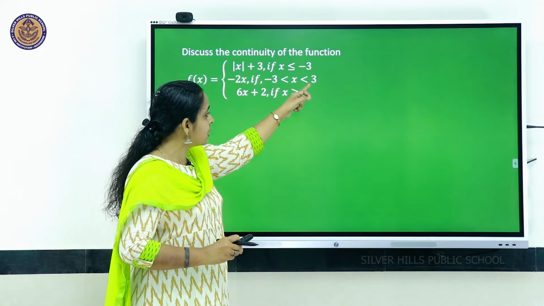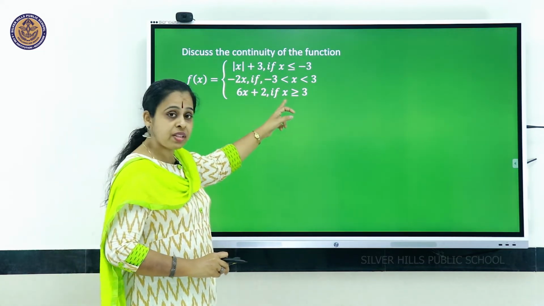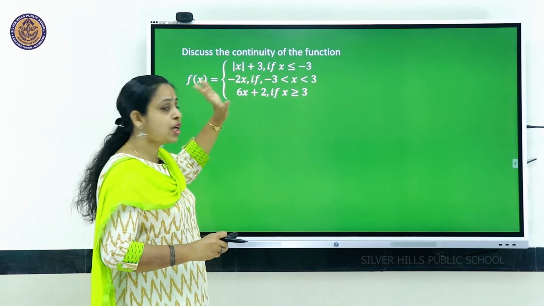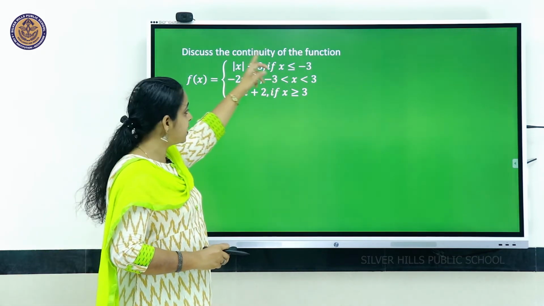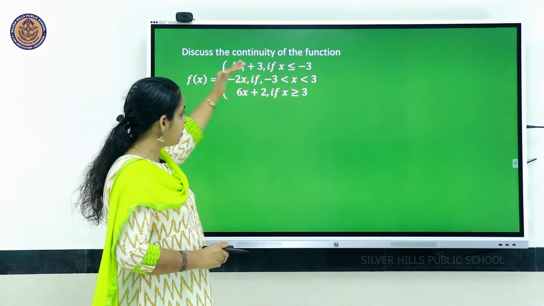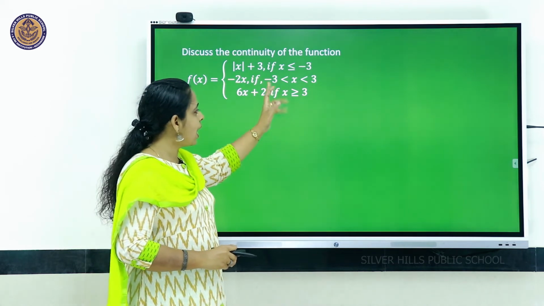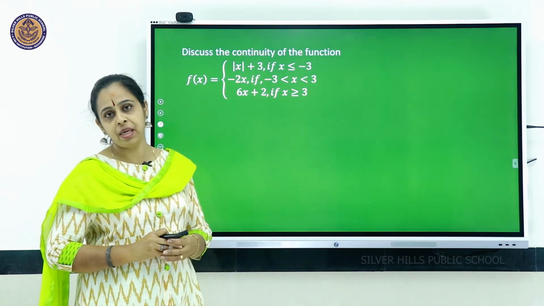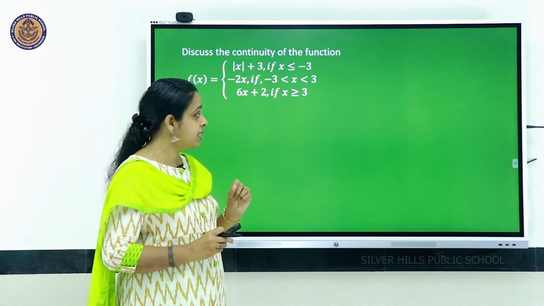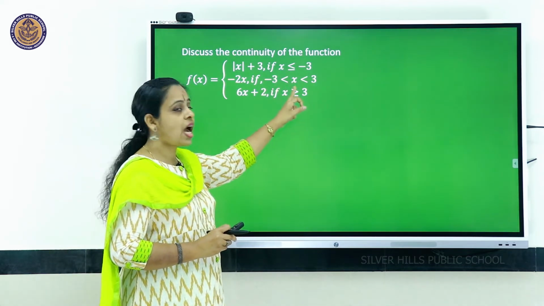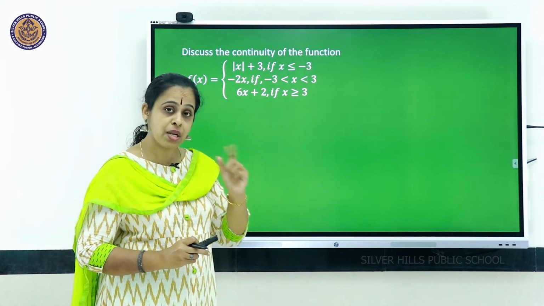Between minus 3 and 3 it again has a different common nature. More than 3 it again has a common nature. So, in between minus infinity and minus 3 it has the same nature, between minus 3 and 3 the same nature, and more than 3 again a different same nature. So, chance for discontinuity will arise at minus 3 and 3 only. So, let us check at minus 3 and positive 3.